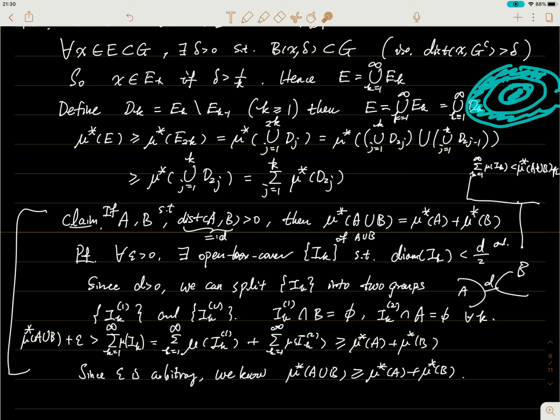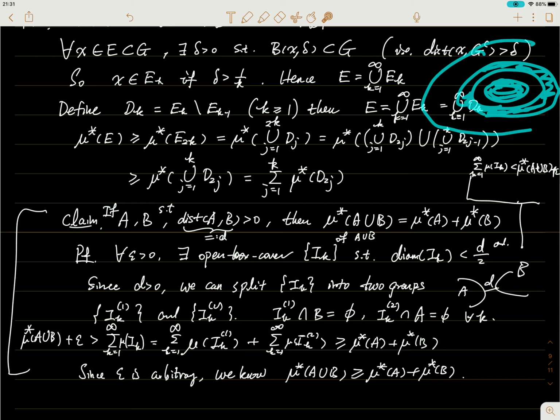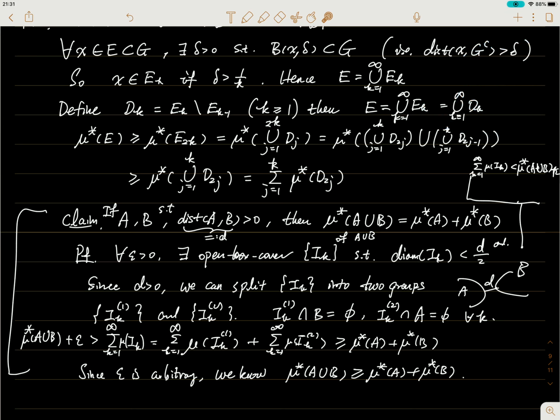So they have a positive distance from the previous one. Okay, so it's like rings. I have this, and the next one will be this. And then the next one will be a larger ring. But between the rings, there will be some gap. And that's why their distances are all positive. So that's why I can split the outer measure of the union into the sum of their outer measures. Okay, that's how this equality holds because of the claim I just made.